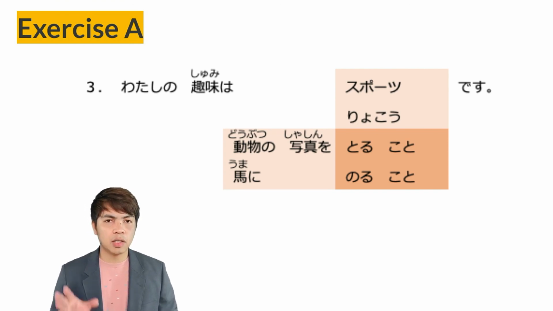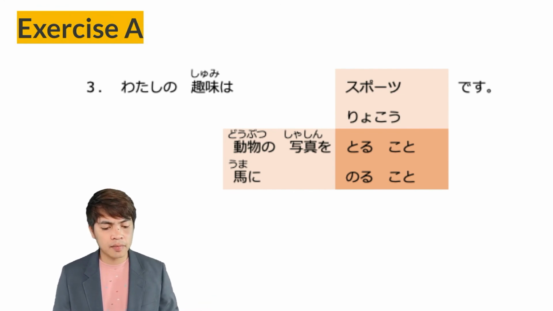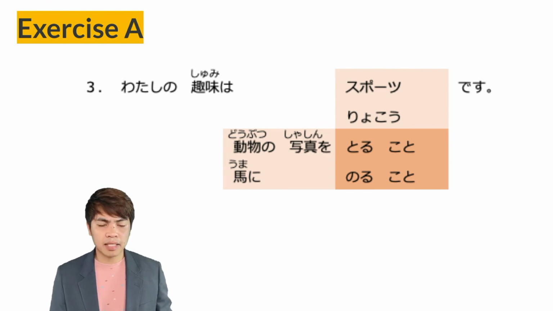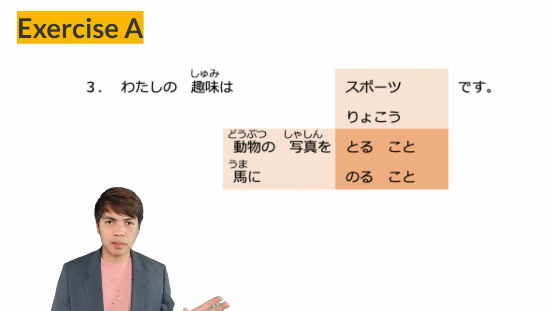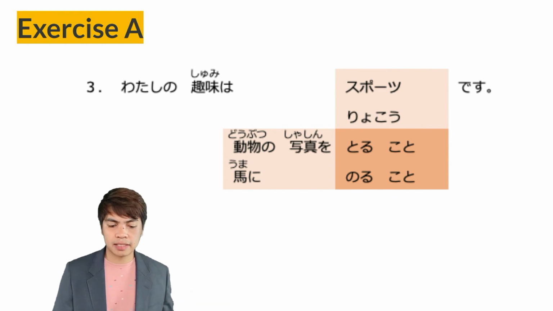So once again, shumi wa noun desu. In this example, shumi wa sports desu, my hobby is sports, or I am interested in sports. Next line, watashi no shumi wa ryoko desu. My hobby is traveling. Next line, watashi no shumi wa dobutsu no shashin o toru koto desu. So from the verb shashin o torimasu, dobutsu no shashin o toru koto desu.